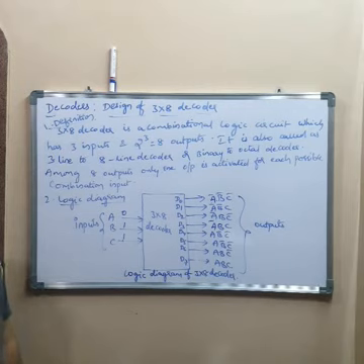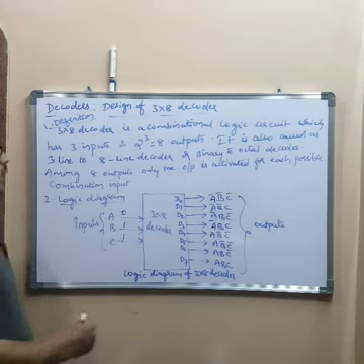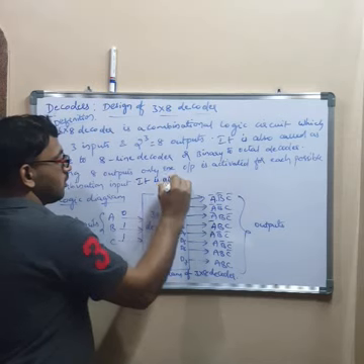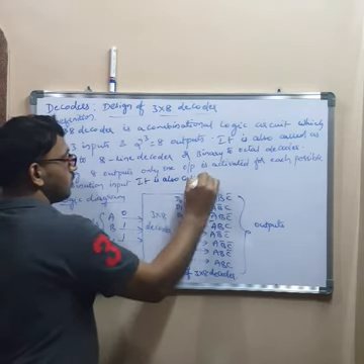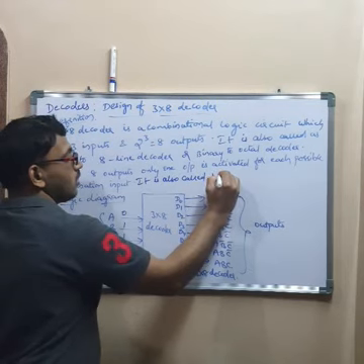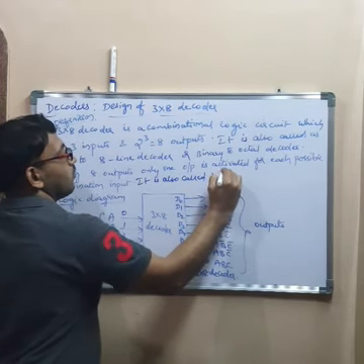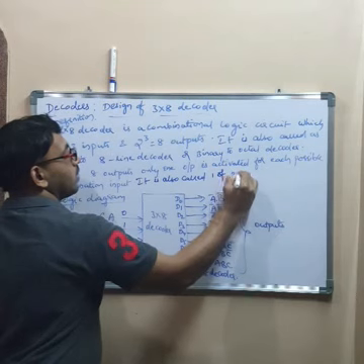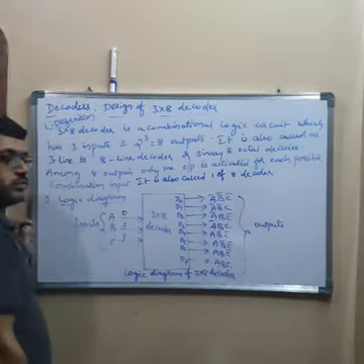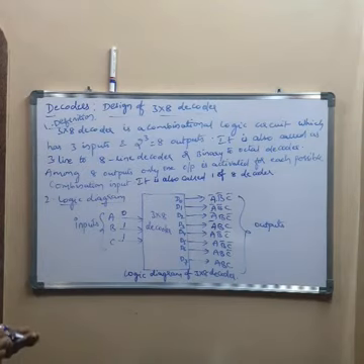This decoder is also called a 3 line to 8 line decoder, or it is also called a binary to octal or 1 of 8 decoder, right?